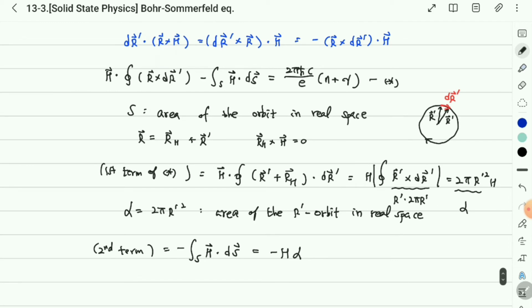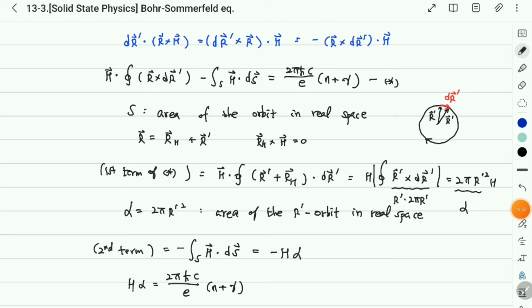Therefore, from the equation star, the first term is alpha h, and the second term is also alpha h, and then it equals 2 pi h bar c over e times n plus gamma.